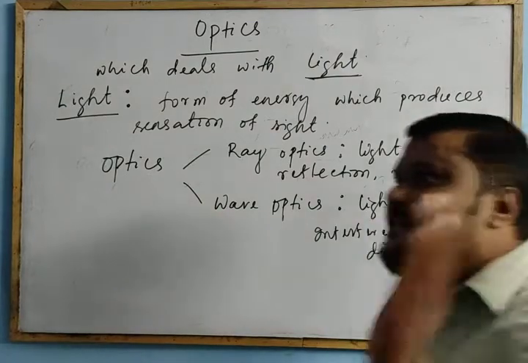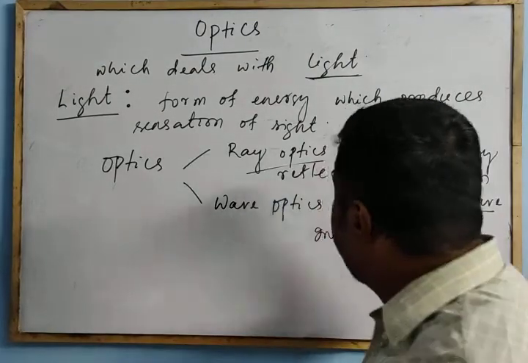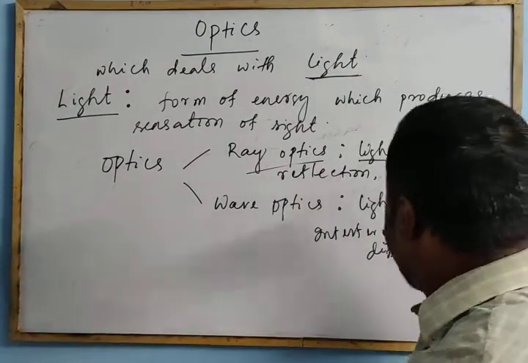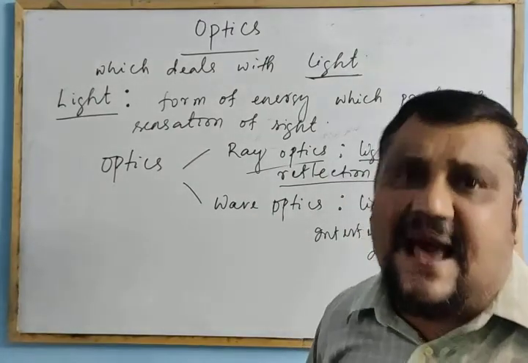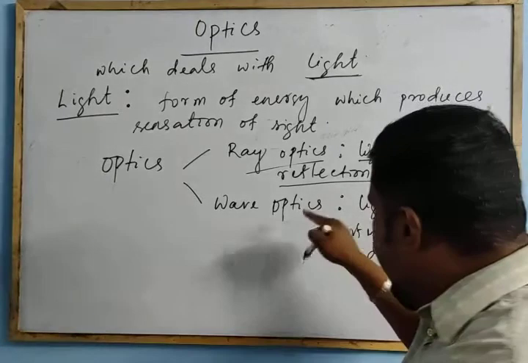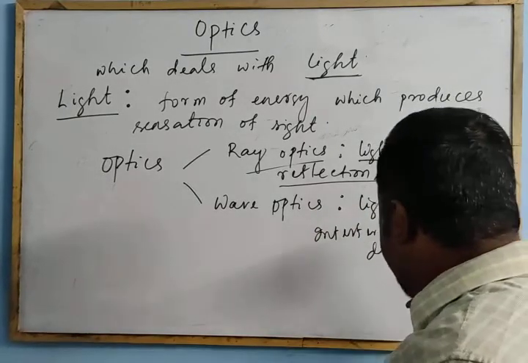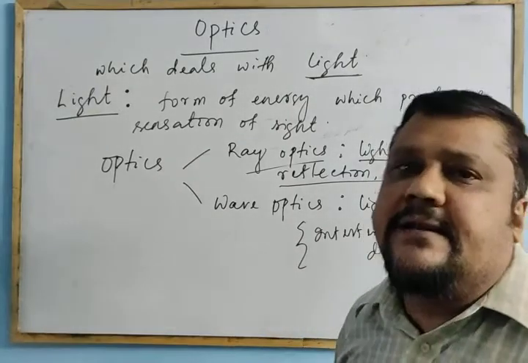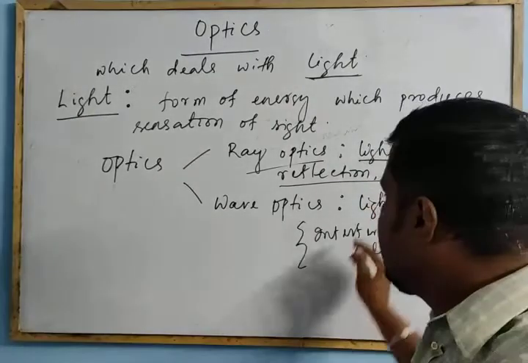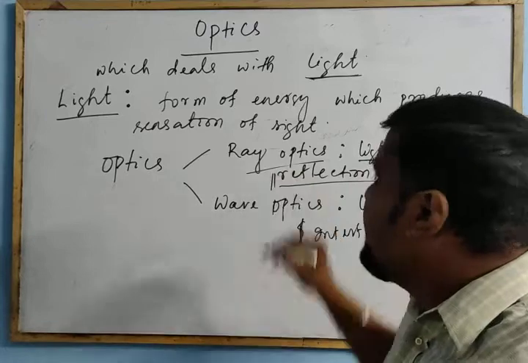Clear? So first we will discuss ray optics, where we consider light as a ray, and in wave optics we consider light as a wave. These are the phenomena shown by light.